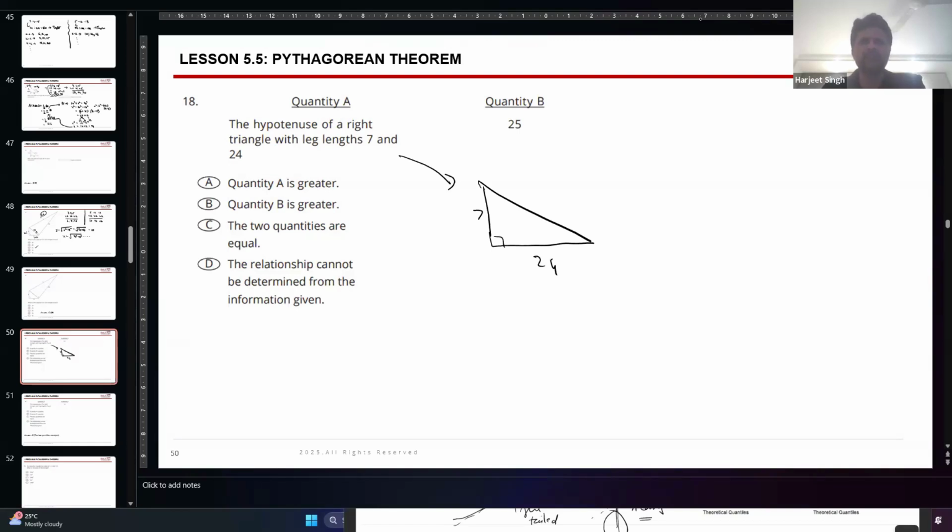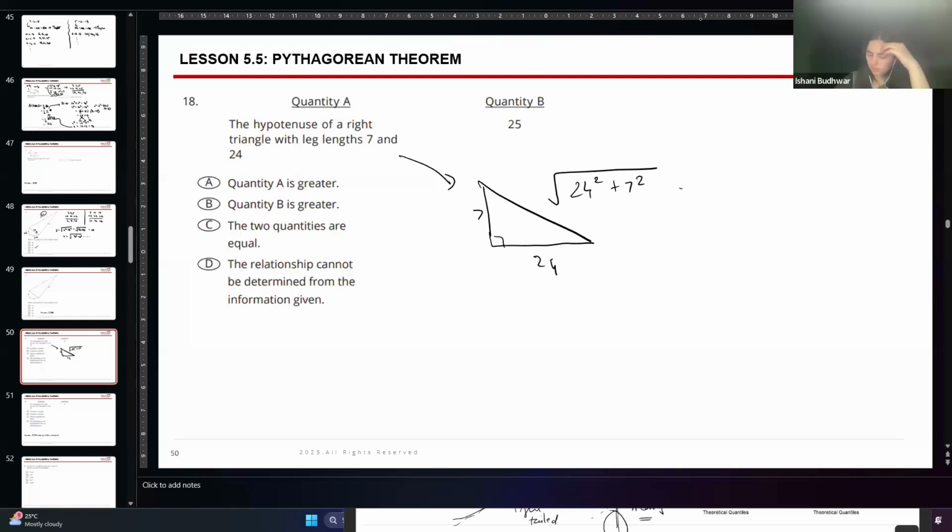And this looks to be like a new triplet because 7 has no factors, right? You can't factorize 7. It's a prime. So it looks like a new thing. Nevertheless, can I say hypotenuse is root of 24 square plus 7 square? So this you can do on the calci directly.